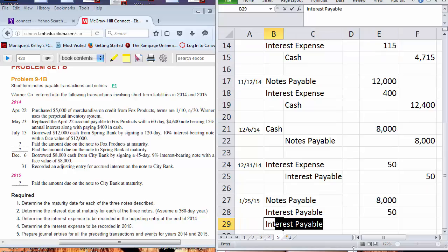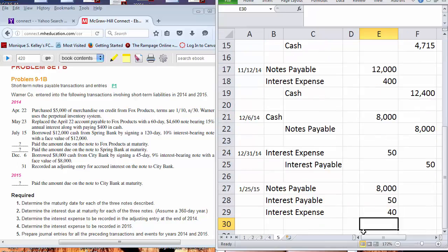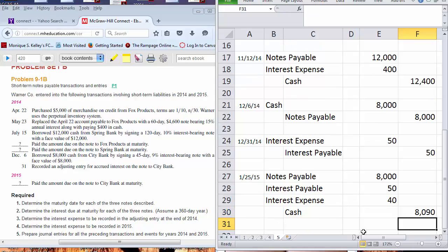And then the additional interest in 2015 will be interest expense, and that amount will come from our fourth tab, which was the $40, which relates to the 20 days, and that'll be 40. And so overall, we will have actually paid the full $90 plus the principal, so that would give us a whopping grand total of $8,090. And that concludes problem 1B.